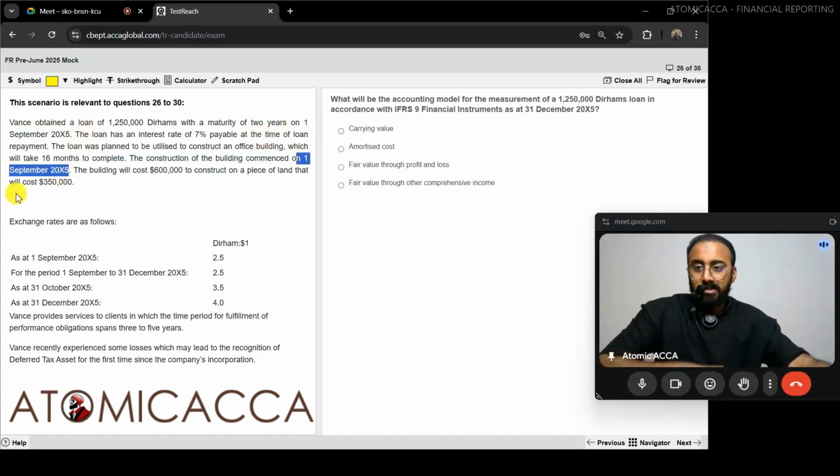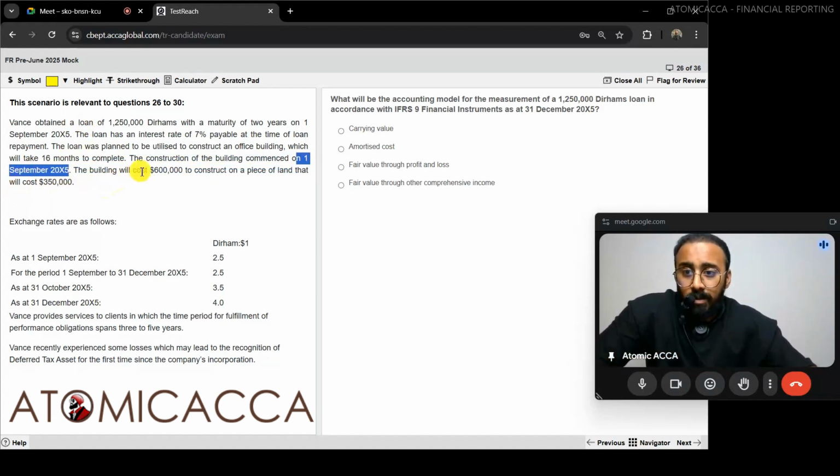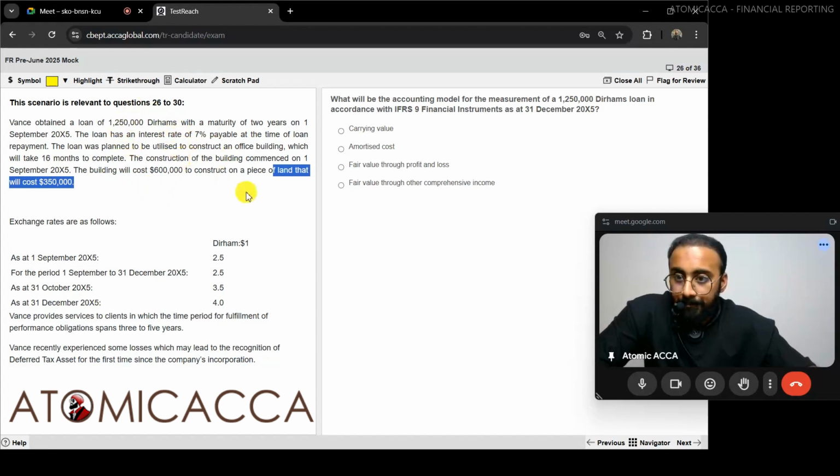I'm assuming this is something related to IAS 23, maybe about borrowing cost. The building will cost 600,000 to construct on a piece of land that will cost 350,000. The building's cost is over here, the land cost is over here. Then exchange rates are given. Oh, this is IAS 21. As at 1st September x5, this much.